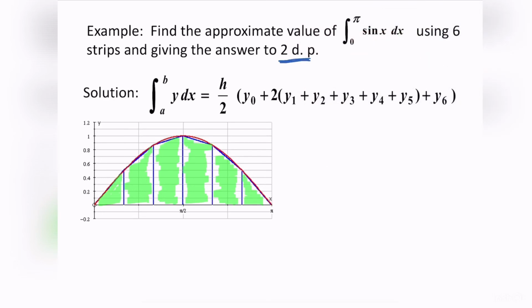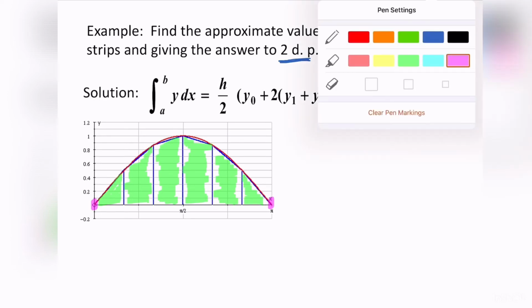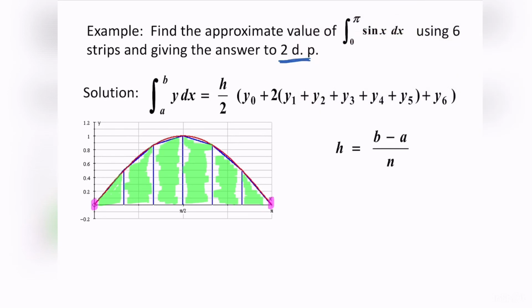Okay, so this is the first y here, the value of it is 0 basically, and it is y0 here, and this is y6. Okay, so h, which is the width of each strip, is b minus a divided by n. b here is pi, so b equals pi, and n equals 6 strips, and as I said, h is the width of each strip.